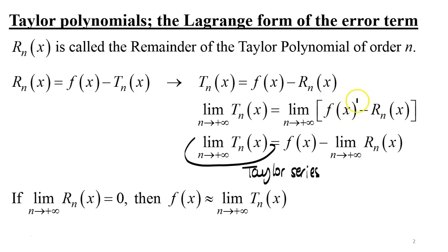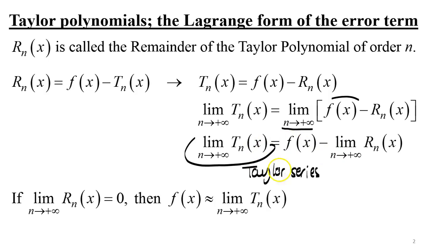However, f of x here is considered to be a constant with respect to the variable of the limit. Now, the variable of the limit is n, and as n goes to infinity, f of x being independent from n would in fact remain f of x. So that would give me f of x minus the limit when n goes to infinity of Rn of x.